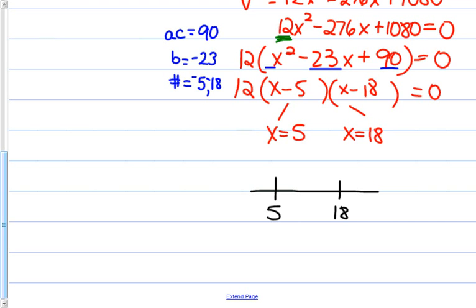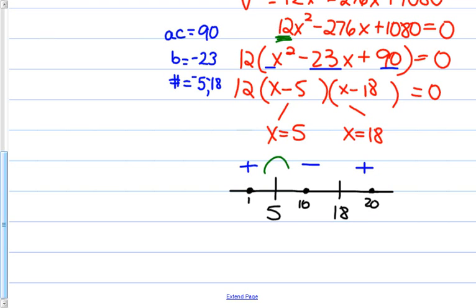All right, so I picked the numbers 1 and 10 and 20, and then I plug them in. For 1, I got a positive number. For 10, I got a minus. And for 20, I got a positive number. So let's see what's happening here.